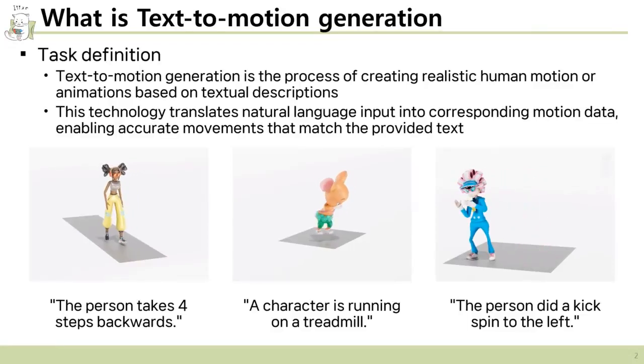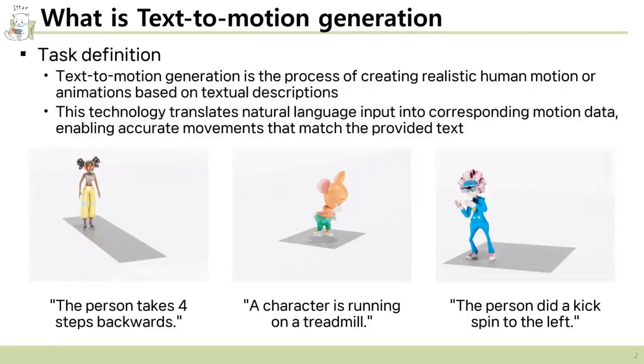First, let's define text motion generation. This process involves creating realistic human movements or animations based on text descriptions. It's a challenging task because we are translating natural language, which is inherently ambiguous, into precise, coordinated human movements.